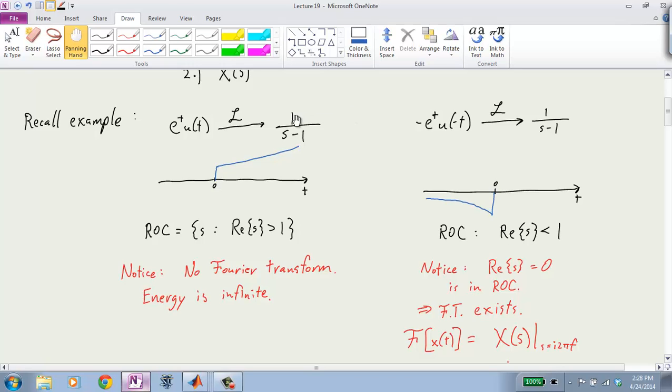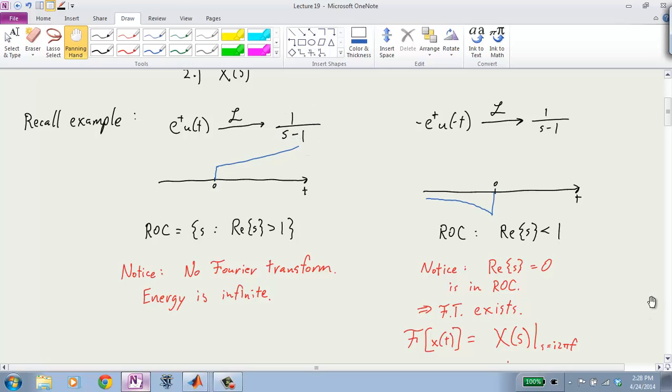Yes, it's a ratio of polynomials. And I think I mentioned that e to the t u of t is a function we care about. It shows up as the solution to differential equations often. So we were basically saying, let's just consider for now Laplace transforms of this form.